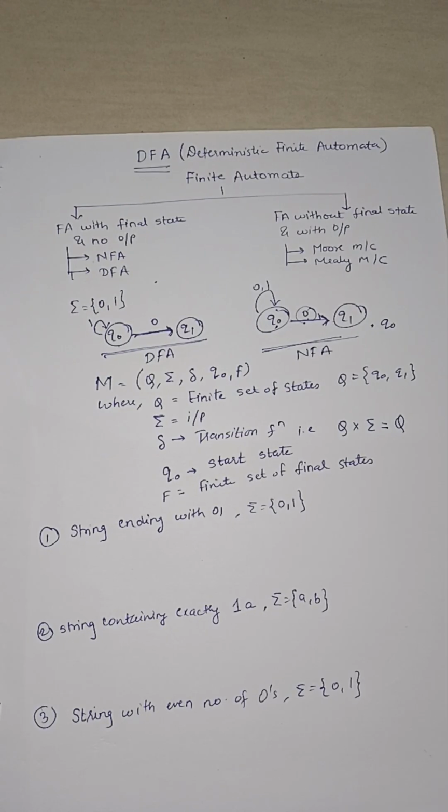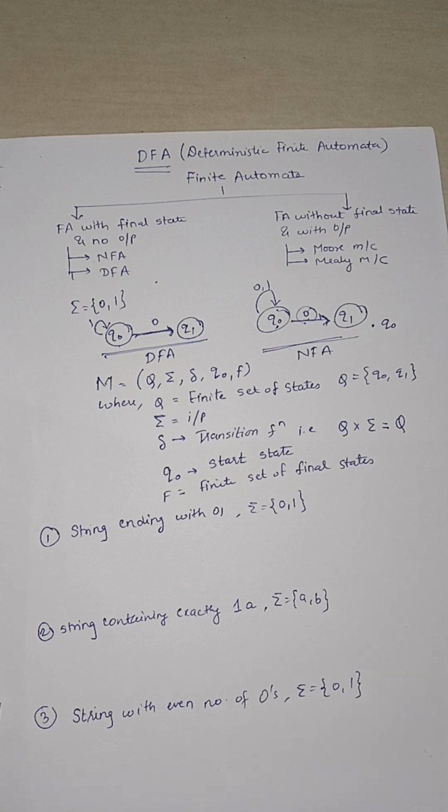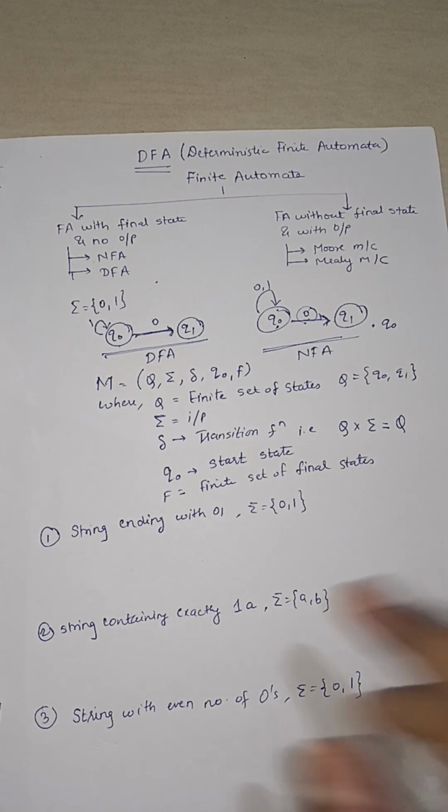To understand the DFA easily, let's take some examples. Our first question is strings ending with 0 1 over the input alphabet 0, 1.